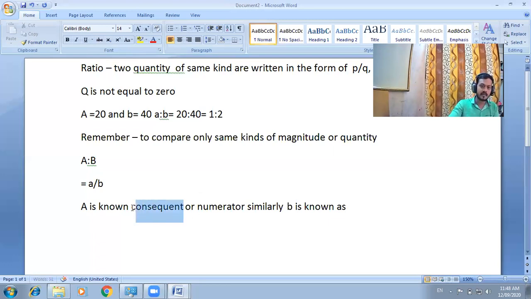Okay, what is the meaning of A? Antecedent, and B is known as consequent.